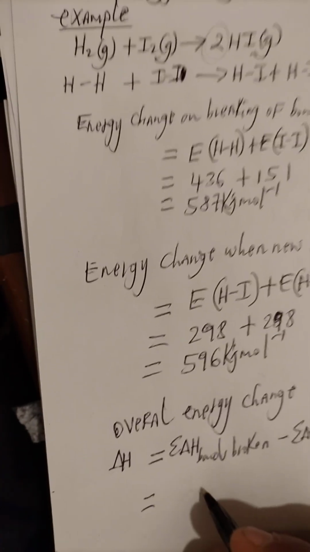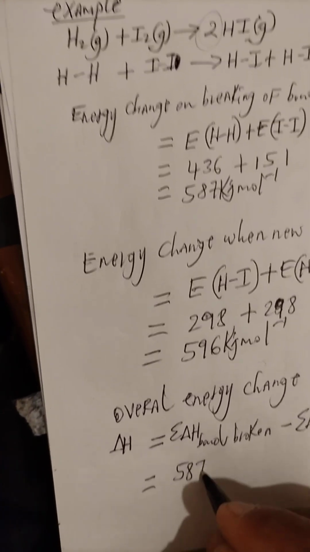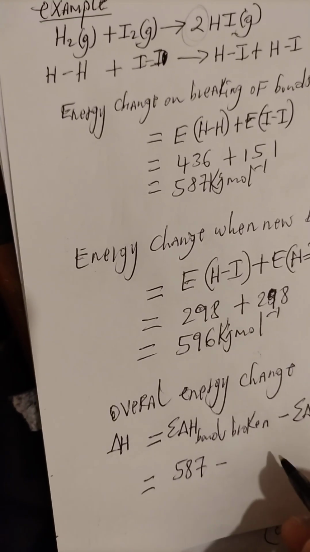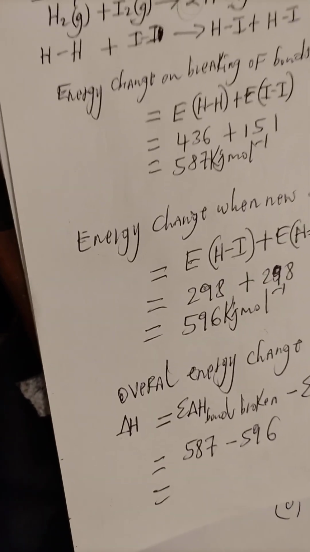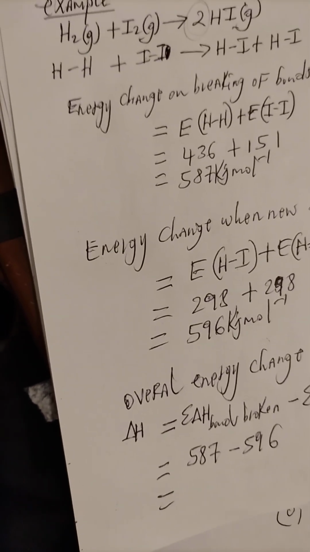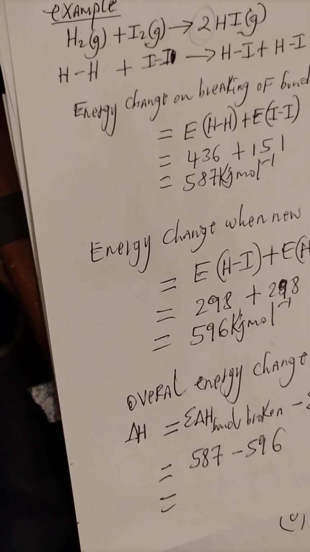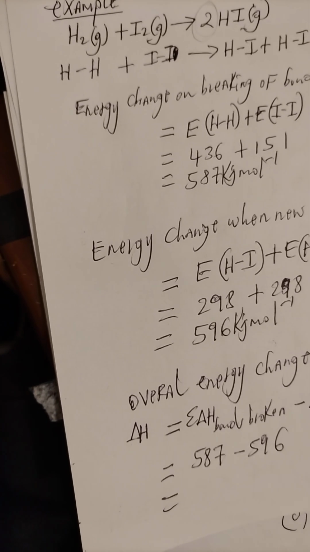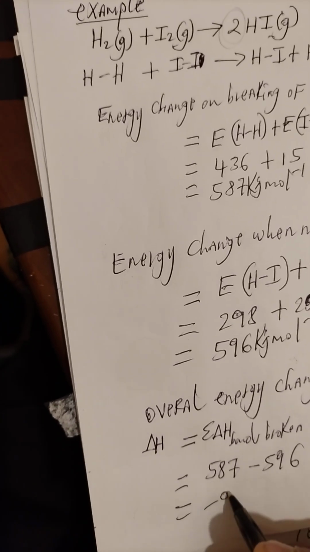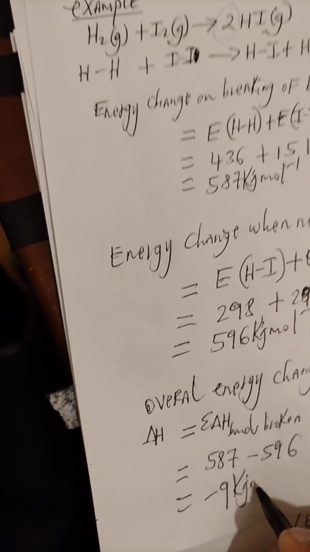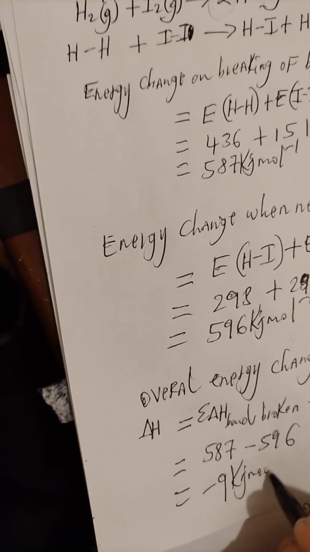So we take 587 kilojoule per mole minus 596. Then we get the answer: minus 9 kilojoule per mole.